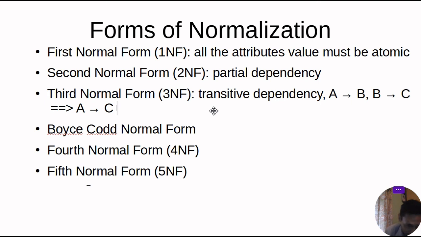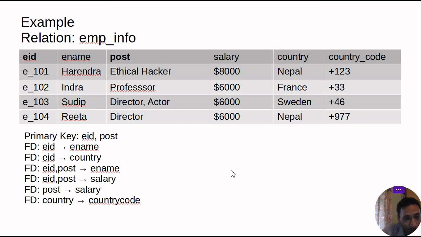So if we can normalize database table up to these three normal forms, then it is okay. Lots of anomalies will be eliminated if our database table is normalized up to 3NF. Here in this table, the functional dependency given is country code is dependent upon country. What we know is if we know the employee ID, in that case we can know the country of employee also.